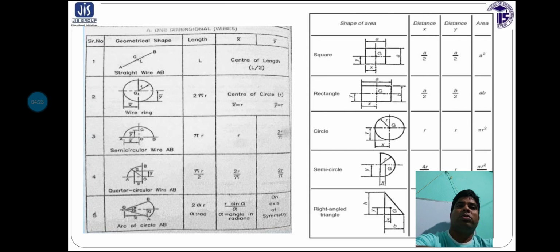Now number 2, wire ring, the length will be 2 pi r, where r is the ring radius, and center of gravity or center of circle, x bar is equal to r, y bar is equal to r. Semicircular wire AB, that means length will be pi r and in x axis will be r and y bar is equal to 2r by pi.